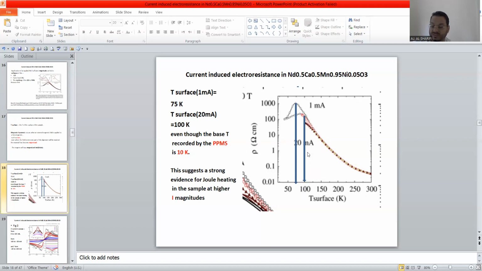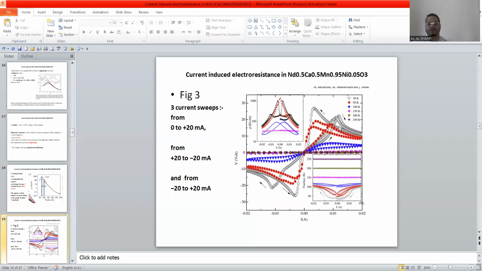That means at 20 milliampere it is more than at 1 milliampere. Here, even though the base temperature recorded by this technique is 10 Kelvin from here, 10 Kelvin. This suggests strong evidence for Joule heating in the sample at higher current magnitude.